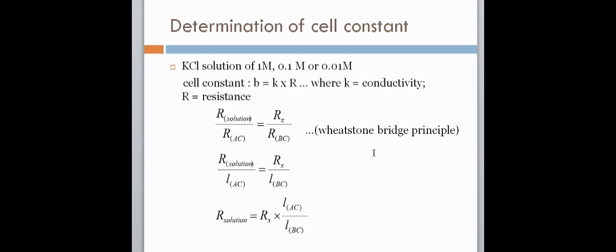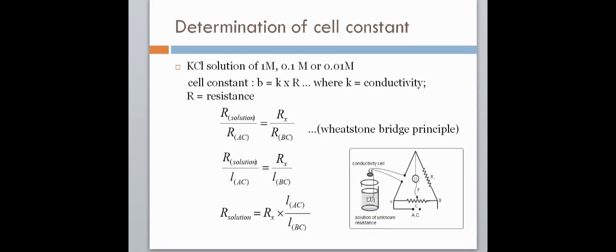Okay, so using the Wheatstone bridge principle, resistance of solution upon RAC is equal to Rx upon RBC. There is one diagram which I will share with you later. As you can see in this picture representing the Wheatstone bridge, one arm of the Wheatstone bridge has the solution of unknown resistance.